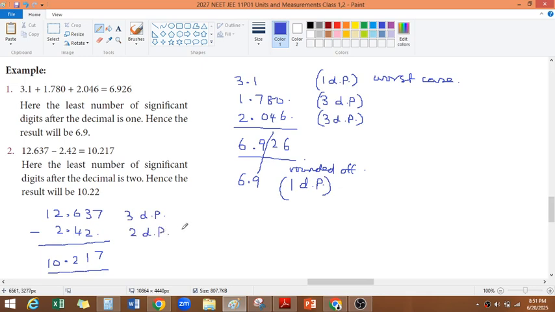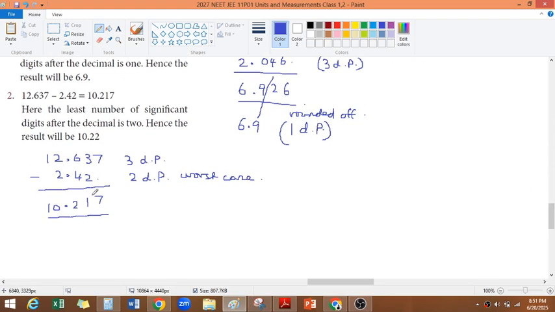That means this is your worst case. That means your answer should also have only two decimal points. So I have to slash it here. So 10.217, the 7 is greater than 5, so that means 10.22. Rounded to two decimal points.